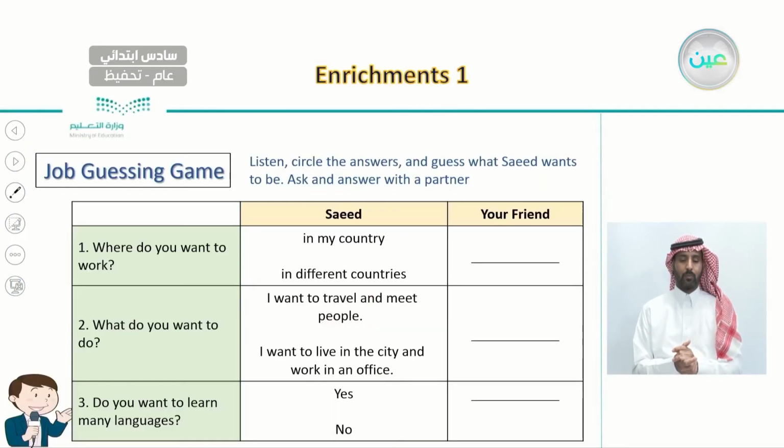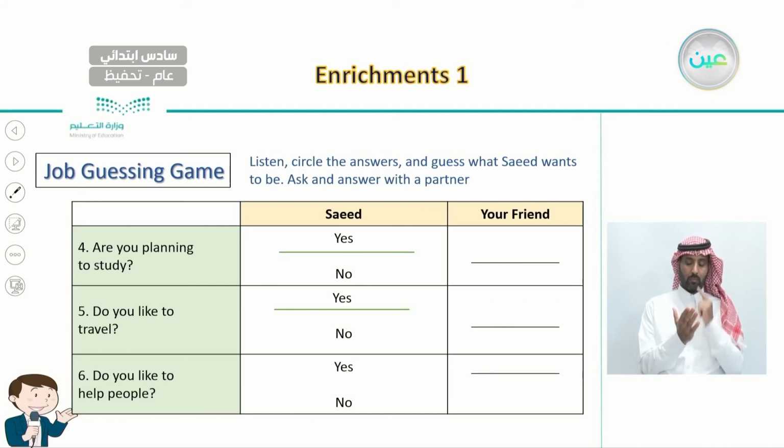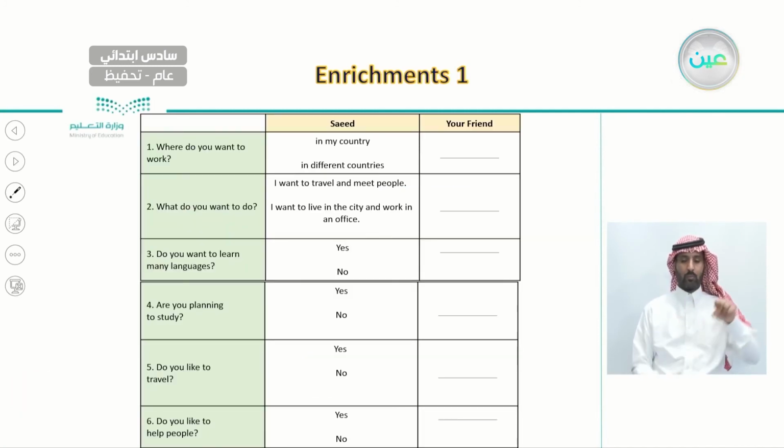And after the chant, we had the job guessing game, where Said is asked different questions, and by the answers, we can know what is the job that Said has in his mind. So here we have a list of questions that Said answered, as we can see here.